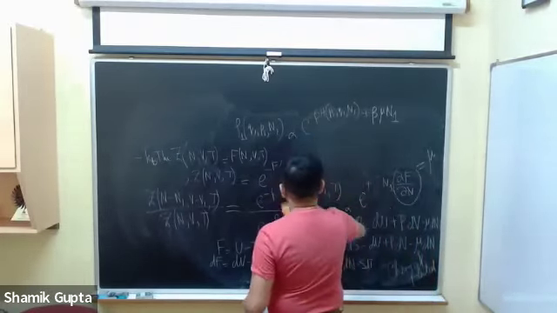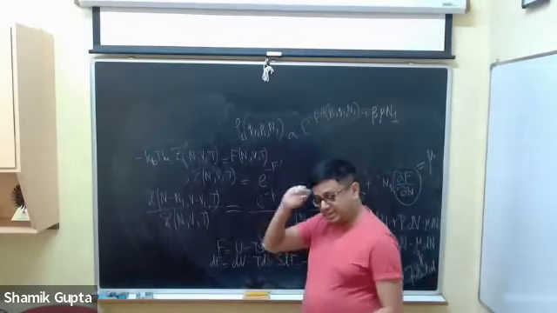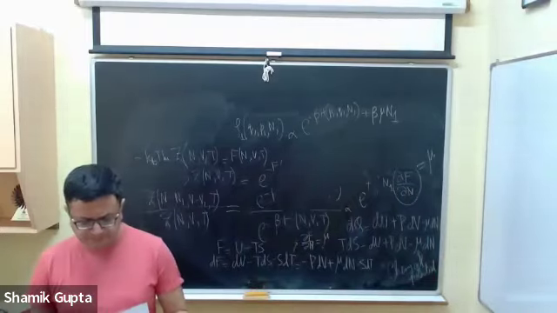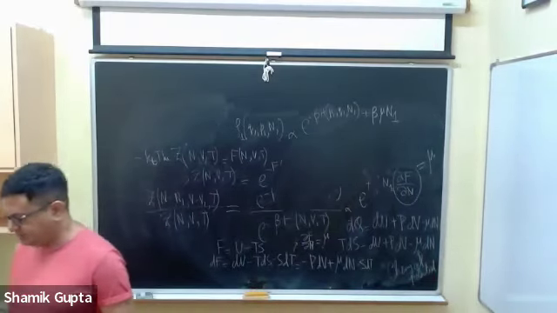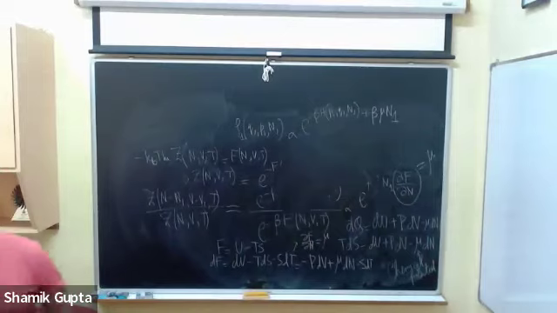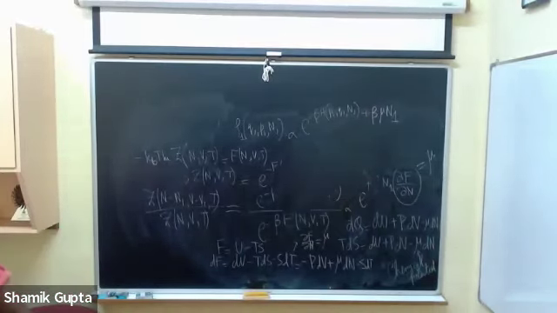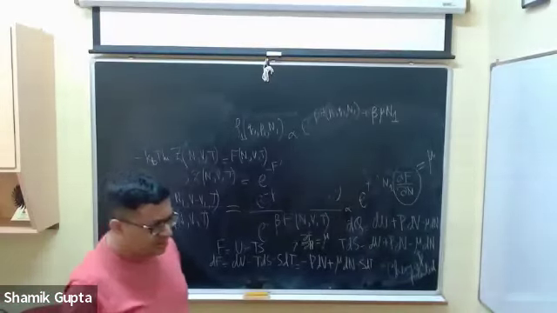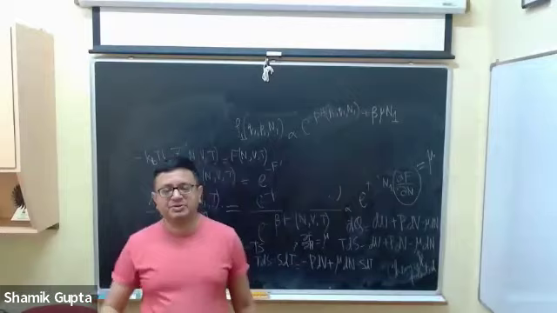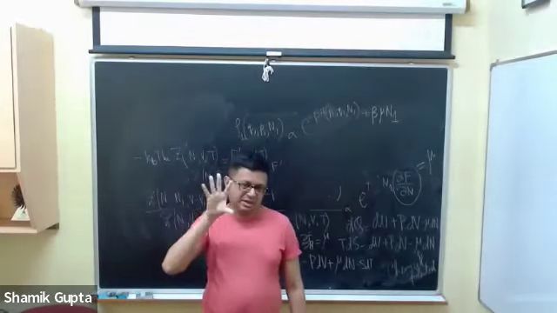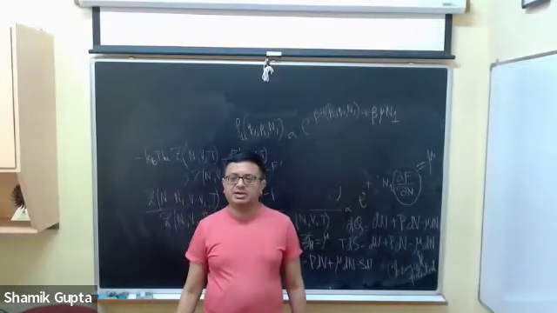Then we need to normalize it. The treatment is exactly identical to what we did for the canonical ensemble. Nothing new as such. For the canonical ensemble, what we did was we took the whole system to be in microcanonical and a part to be in canonical.